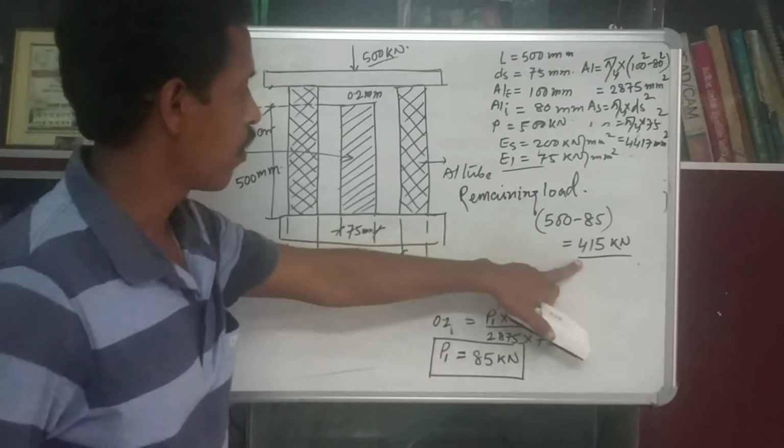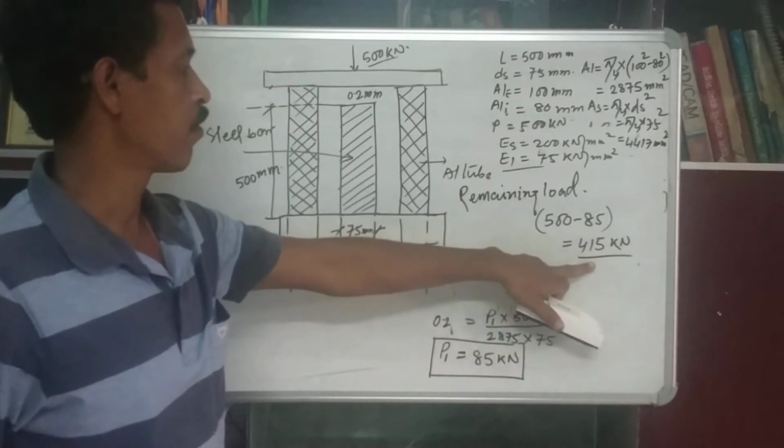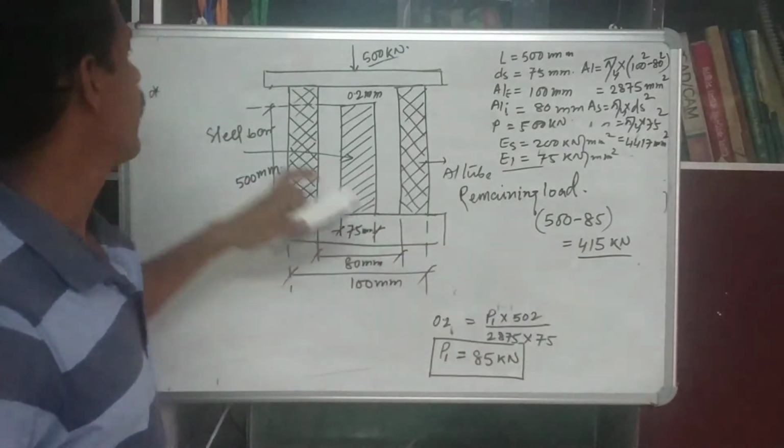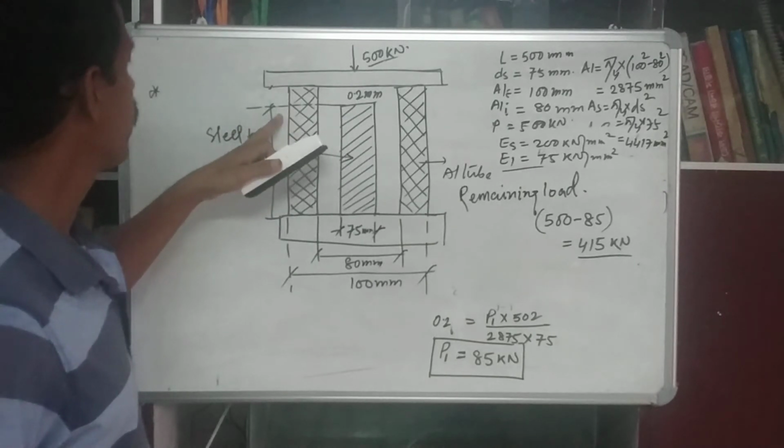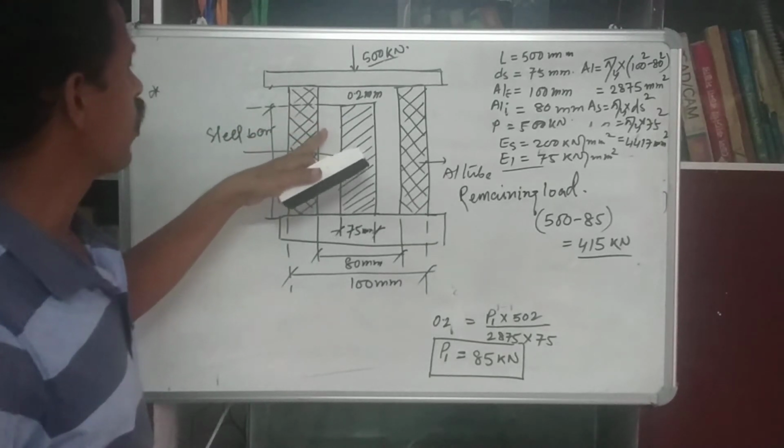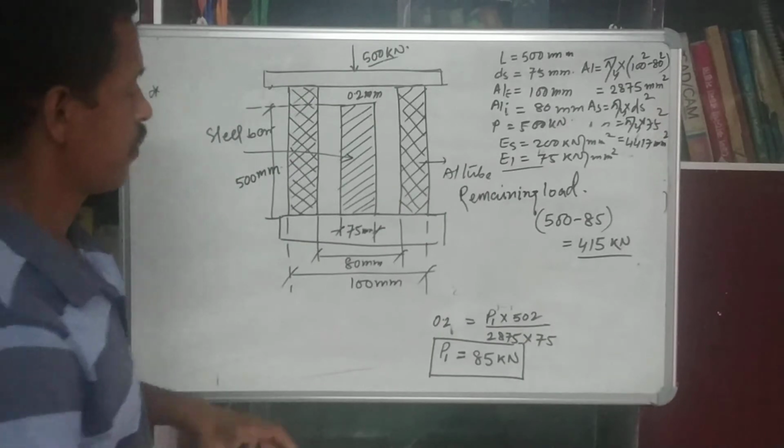Now that 415 kilonewton load will be shared by both the aluminum tube and the steel bar.